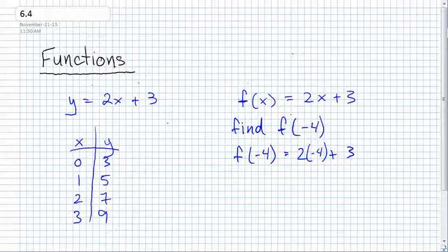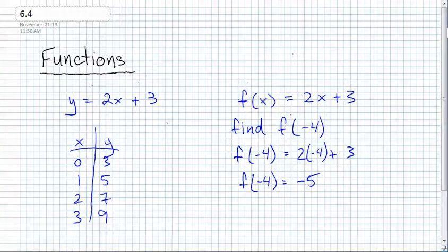You'll notice that this is an x there and an x there. Here I have negative 4 there and negative 4 there. So whatever is written inside those brackets has to be written in the following equation. And so the value of the function f when x is negative 4 is equal to negative 8 plus 3, which is negative 5. There you go. So a little different, but nothing too crazy.